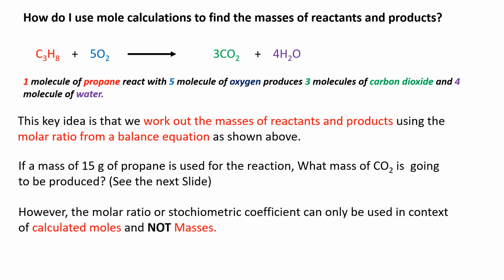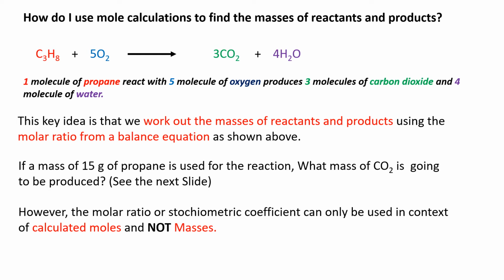The key idea is that we work out the masses of reactants and products using the molar ratio from a balanced equation as shown above. So for the equation that we looked at, suppose you had 15 grams of propane and we want to find out what mass of CO2 is going to be produced. We can use the molar ratio.